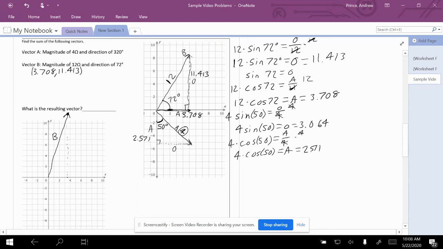So 2.571 for the adjacent, and for the opposite, 3.064. So what does that tell us about our coordinates? For vector A, we're heading in the positive direction 3.064, and in the negative direction of y, 2.571.